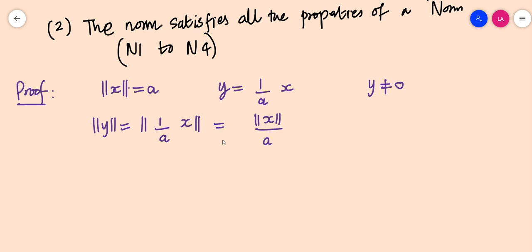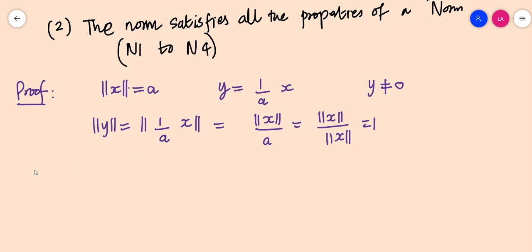Since norm x is equal to a, a is always positive, so we do not need the modulus of a. Substituting norm x for a, this is norm x by norm x, which is equal to 1. So for an arbitrary x not equal to 0 in the domain with norm x equal to a, we can define another element y equal to 1 by a times x, which is not equal to 0, such that norm y is equal to 1.